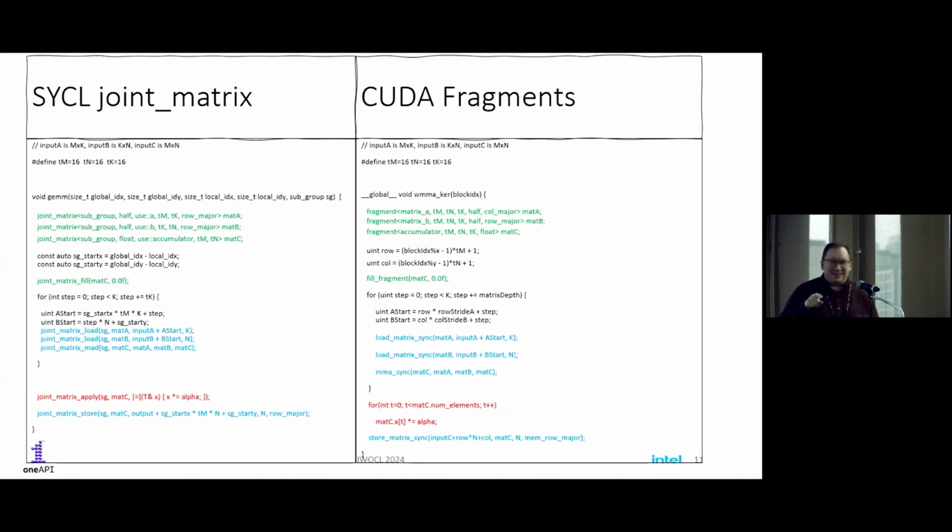It's not something that's defined in the spec. So you have to be very careful with what you actually do with them. But otherwise, they're meant to be pretty interoperable, which is how we're able to implement joint matrix on top of the NVIDIA backend.